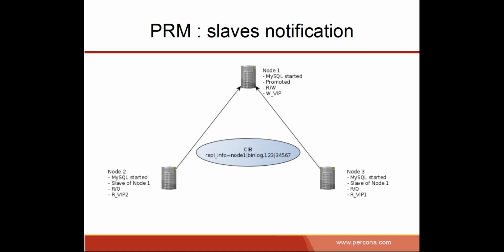The slaves will query the CIB, find out that node 1 is the master, and that the binlog file is 1, 2, 3, and position 3, 4, 5, 6, 7. So they will issue the change master and start slaving off node 1. And if replication is in a good state, the reader VIP will be distributed to these slaves.